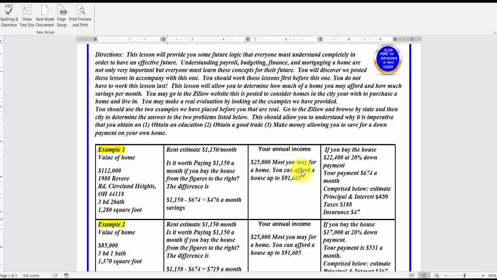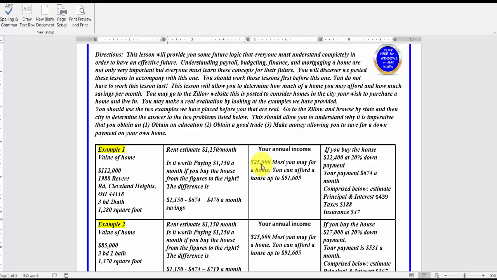Another example we give you here is if you buy this house and you put $22,400, that's 20% of the $112,000, down as your payment, your monthly payment will be $674 a month. What's that comprised of? Your principal and interest is $439. Your taxes, everybody must pay taxes, is $188, and your insurance is $47. If you add all those up, it'll come to $674.